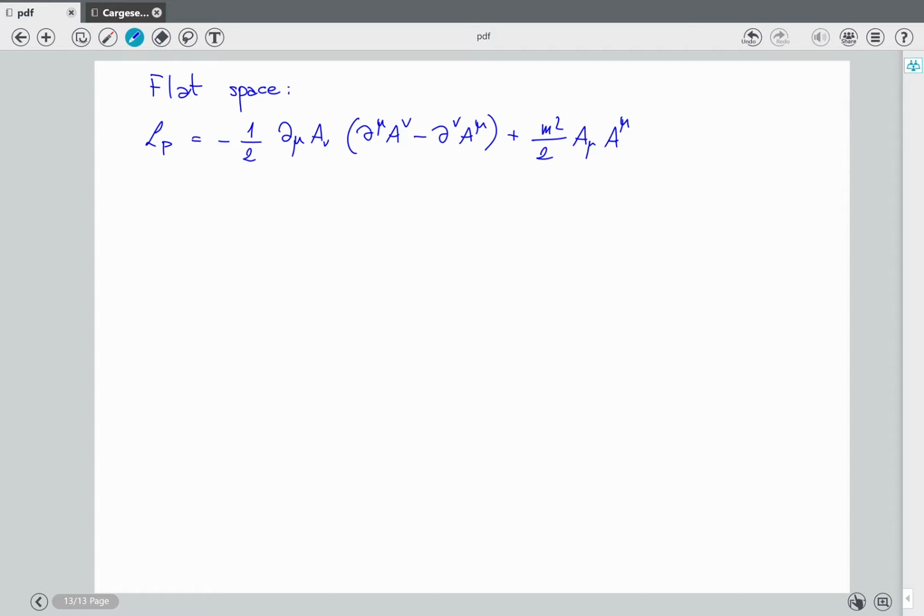So let's check the field equations. Box A_μ minus ∂_μ ∂·A, the usual part, and then there is a correction due to the mass. That is m² A_μ, and that is equal to 0.